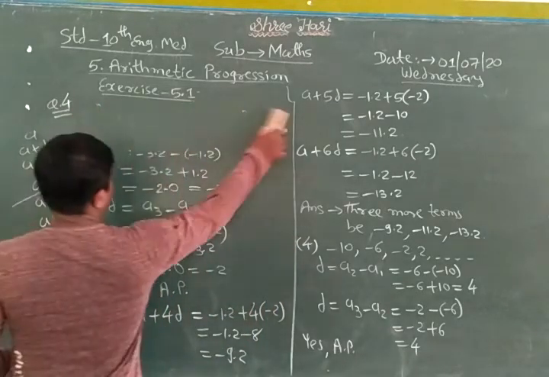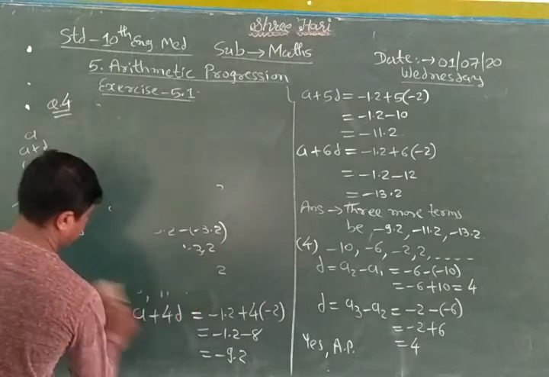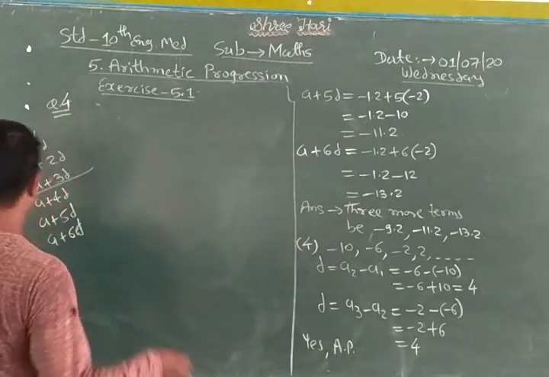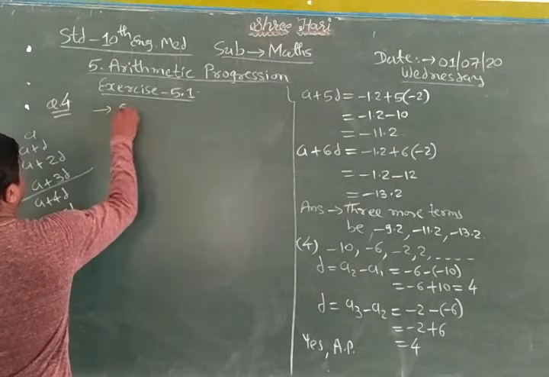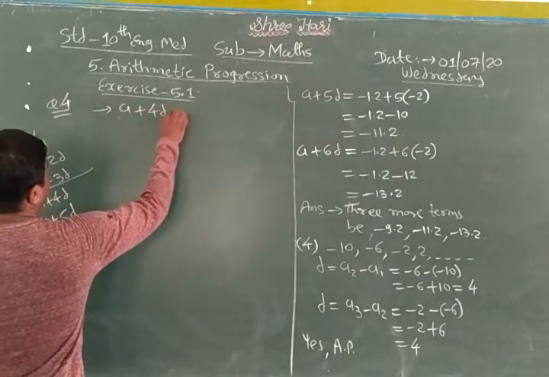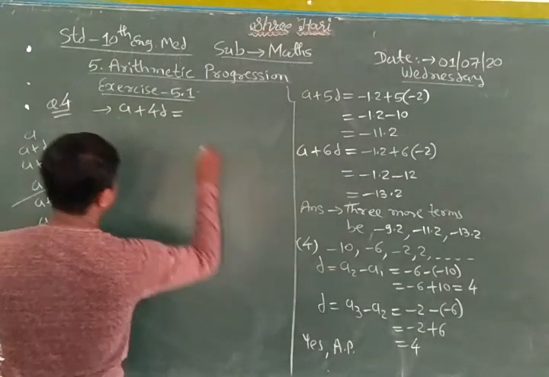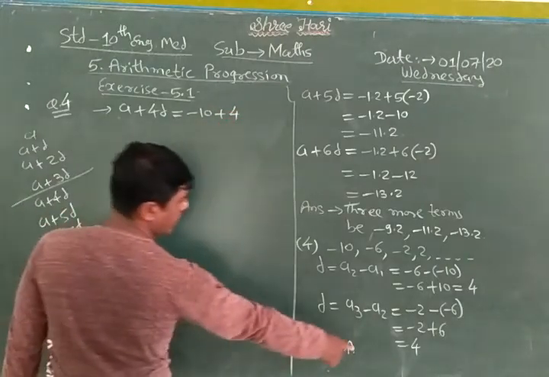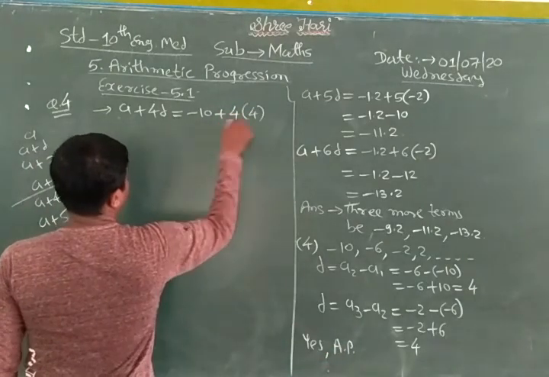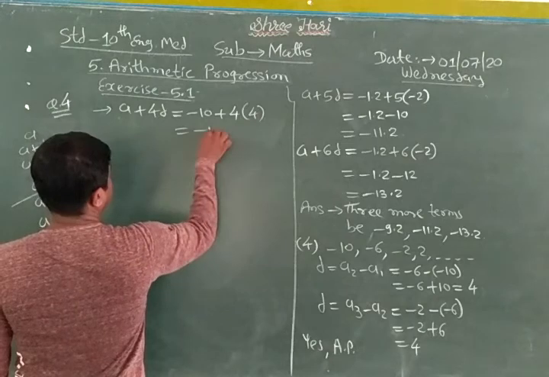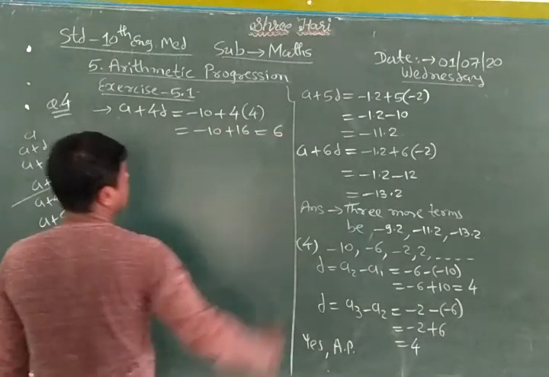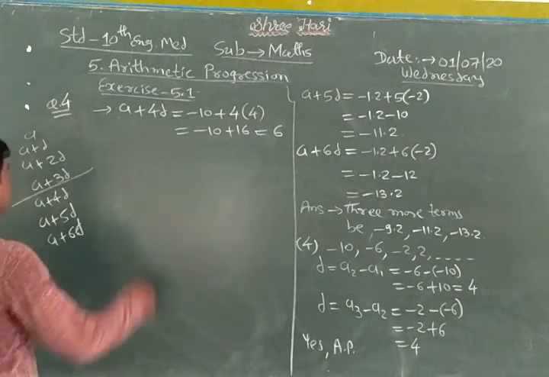So 3 more terms we find out here. First, A plus 4D. A value first, minus 10, 4, D value 4. Minus 10, 4 fours are 16, 16 minus 10, so 6.